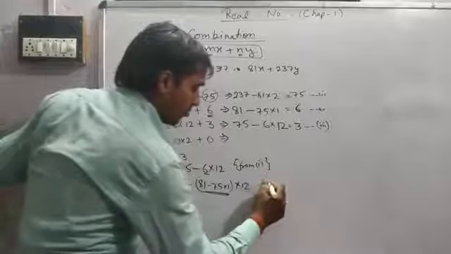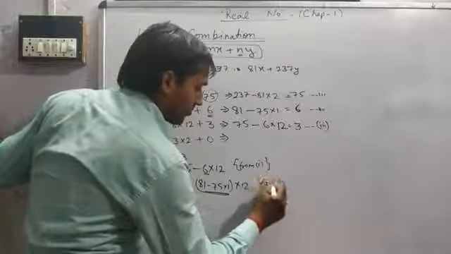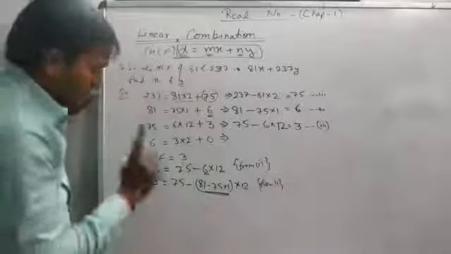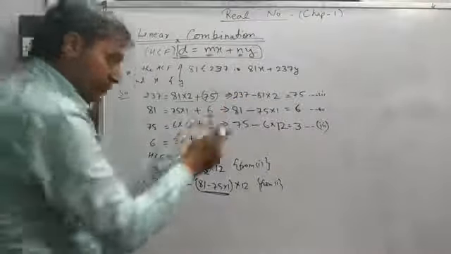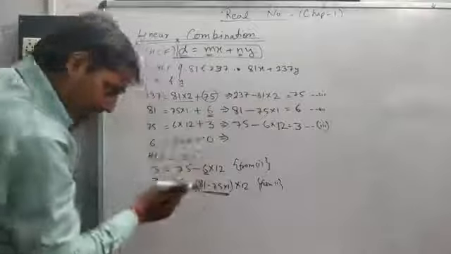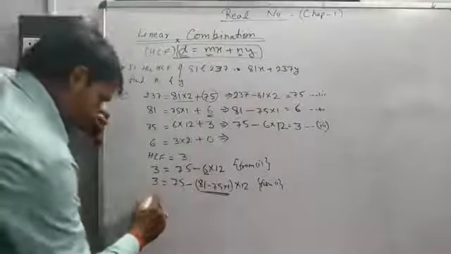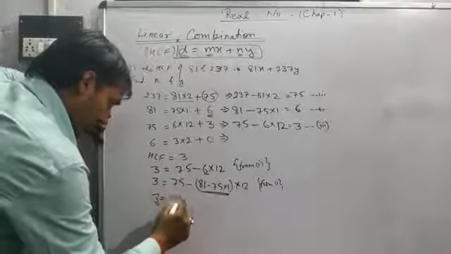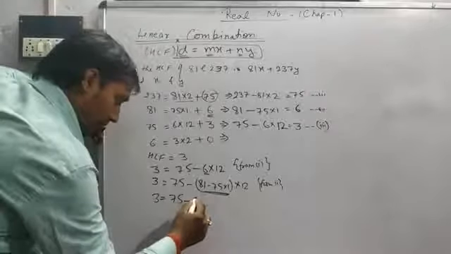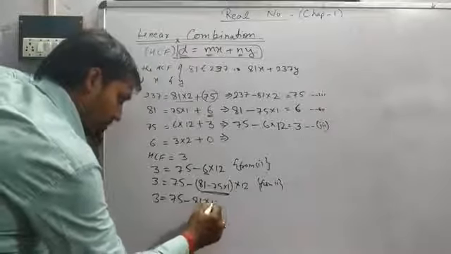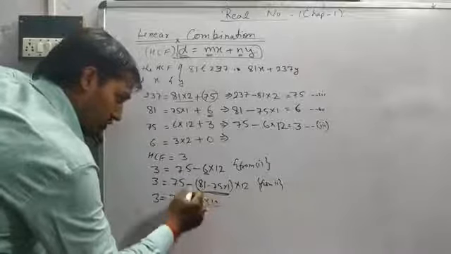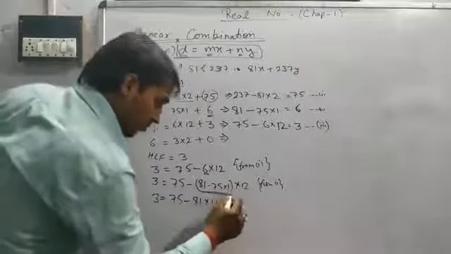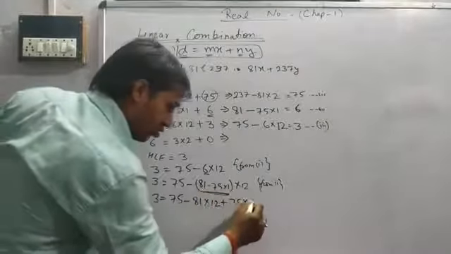From the second equation, then we do not use the first. Firstly we open the bracket and solve it: 3 equals 75 minus 81 into 12 plus 75 into 12.